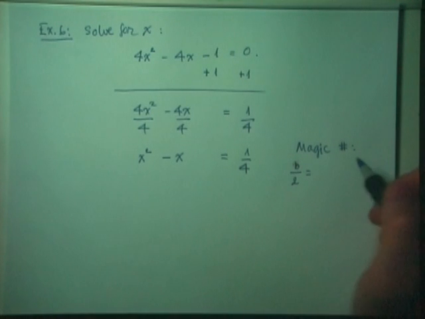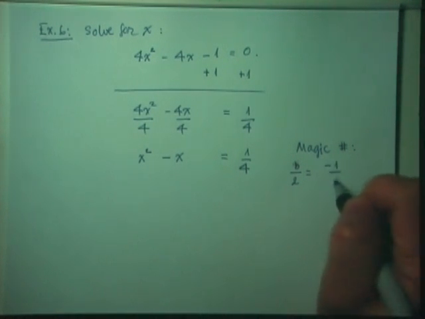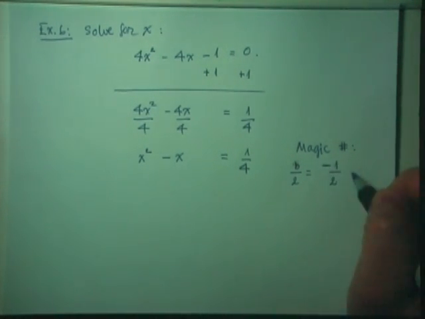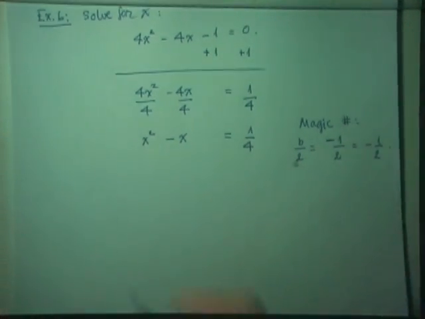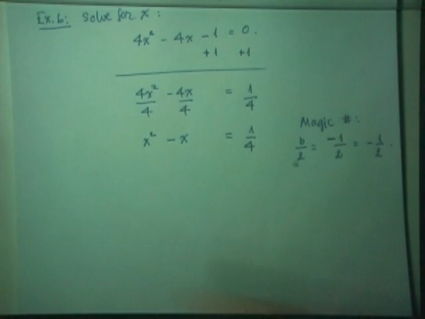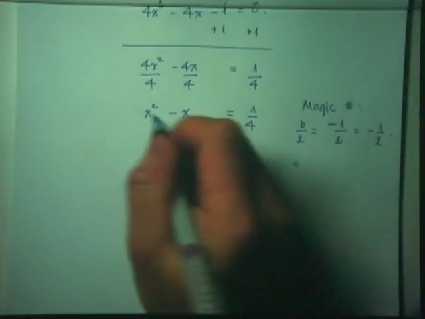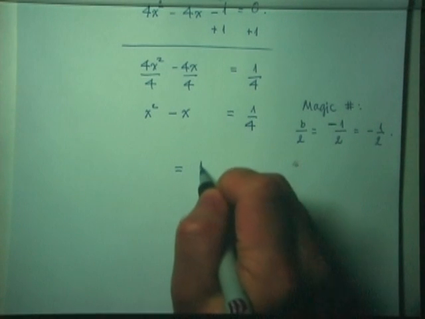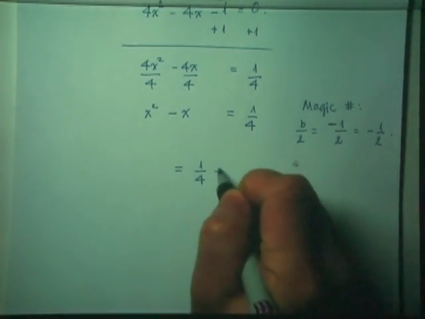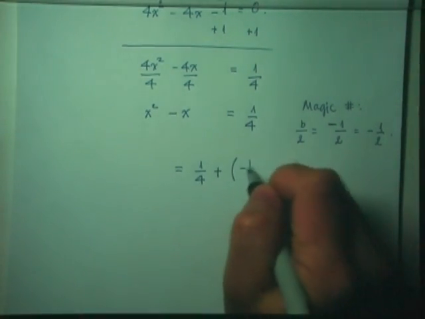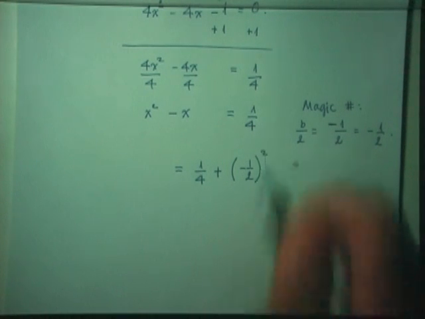And in this case, it gives me -1 over 2. And that's my sign, -1/2. That's the sign of my magic number, -1/2. And so, once again, as part of the complete the square method, for your equation here, the right-hand side, which for now contains 1/4, you're going to add the square of your magic number to the right-hand side.